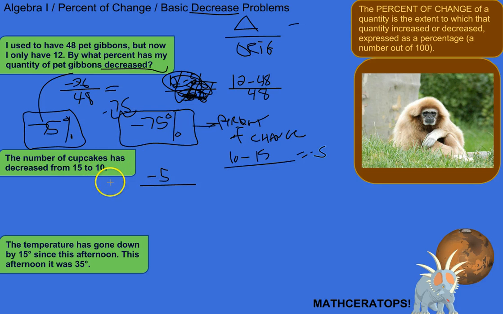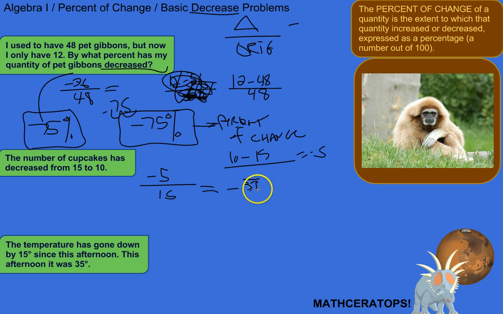Okay, so the change over the original. What's the original? 15. It decreased from 15 to 10. So the amount of change over the original. So let's turn that into a decimal. So that would be equivalent to negative 1/3, which would be negative 0.33 repeating.